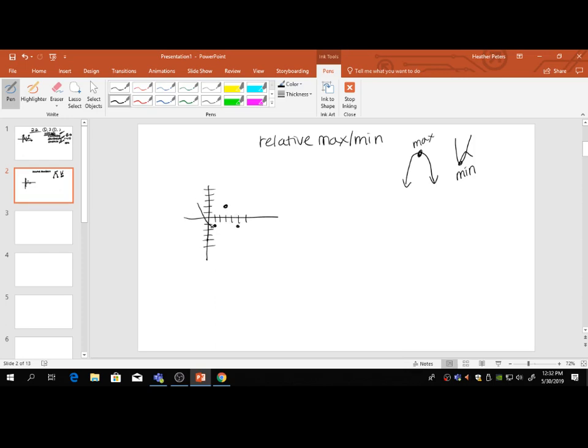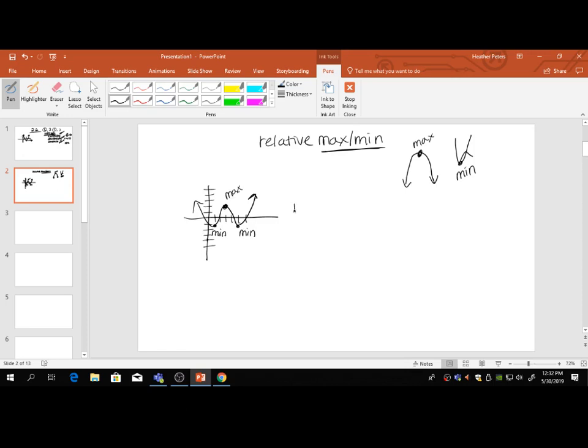In this case, the maximum value, it's going to go to infinity, but when we talk about relative maxes and mins, we're talking about places where it changes directions. So this one would be a max, and you can have more than one, so you actually have 2 minimum values where it changes direction.